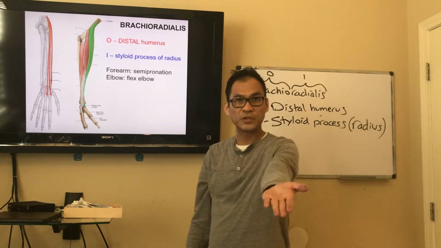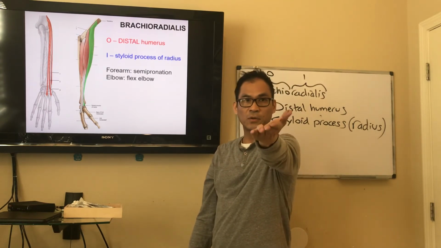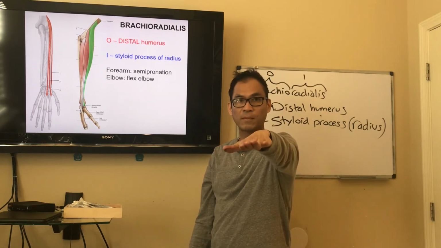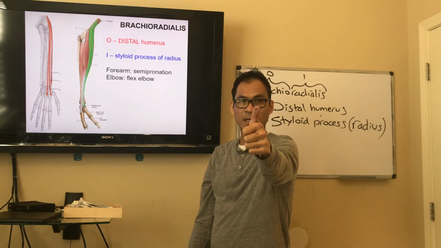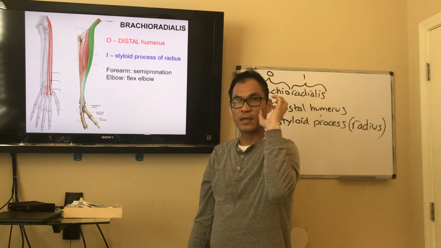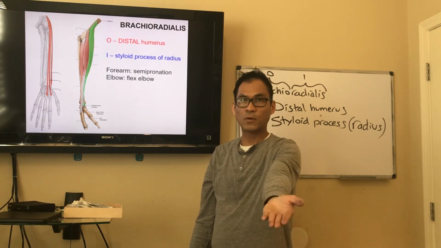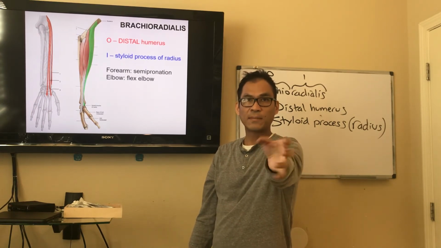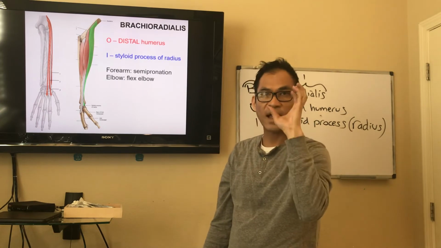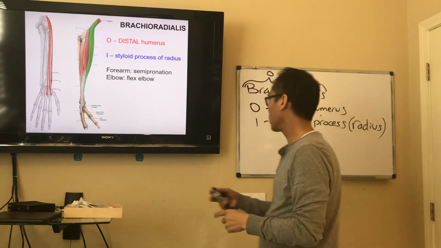Full pronation is you fully turn your forearm like that. Mid-pronation is just kind of turn it like that, so you give the thumbs up sign, and then you flex like that. So we call this the root beer drinking muscle. You grab a mug, you semi-pronate, grab the mug, flex, your root beer drinking muscle.